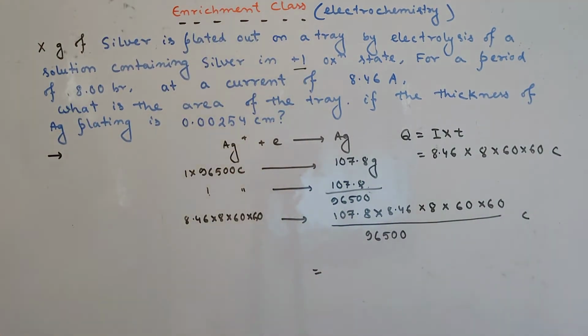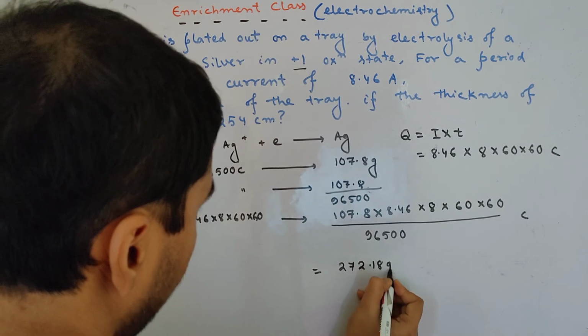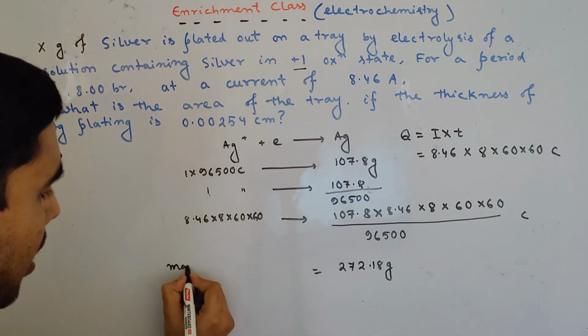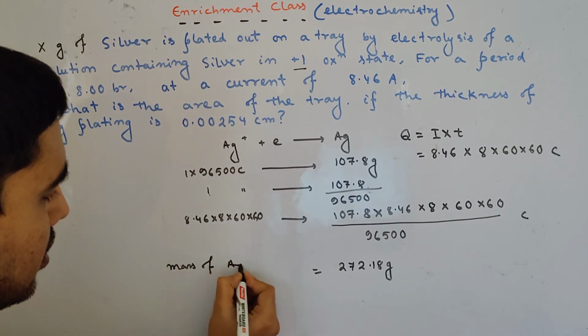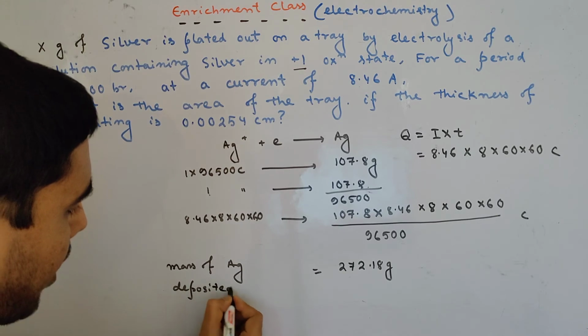Now this is the total amount of silver that will be deposited. It is pre-calculated. I am getting it as 272.18 gram. So this is the mass of silver deposited. I hope you have got my point.